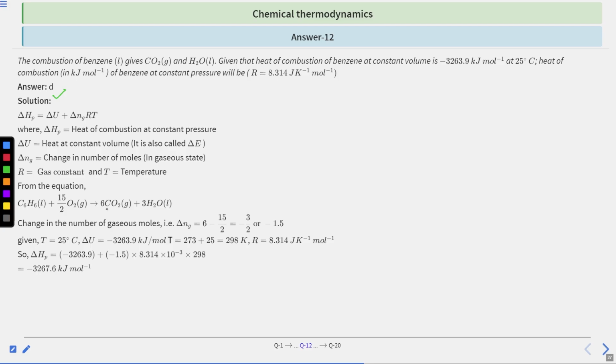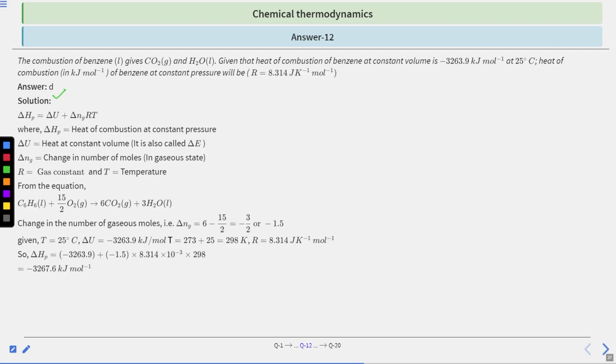From the equation given in the question, benzene gives CO2 and H2O on combustion. So the change in the number of gaseous molecules Δng will be 6 minus 15 by 2, that is minus 1.5, and given T is 25 degrees Celsius.